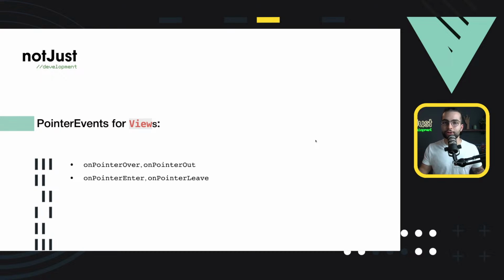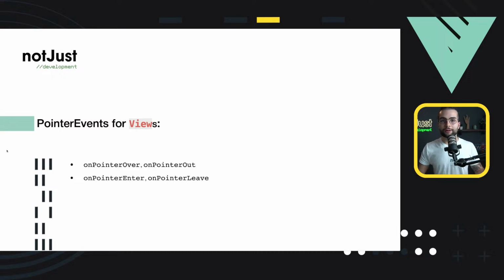What should happen? We need to highlight that button. So with bridging this gap with the web, we need this to handle these events. That's why they were introduced, and we can handle them on our views and also on our pressable components.